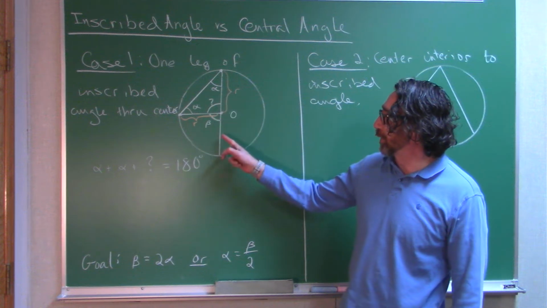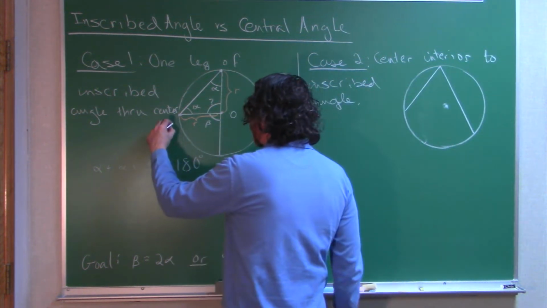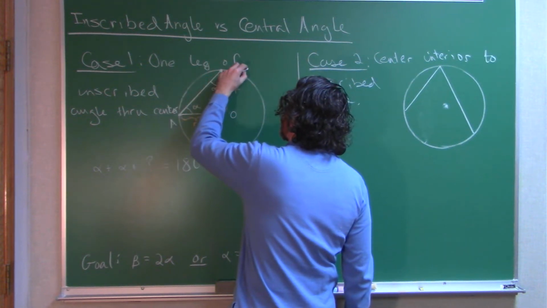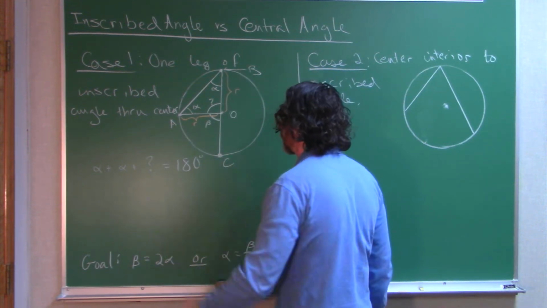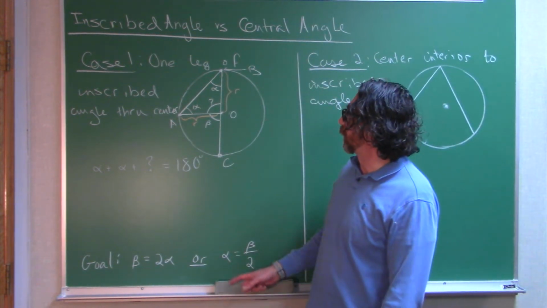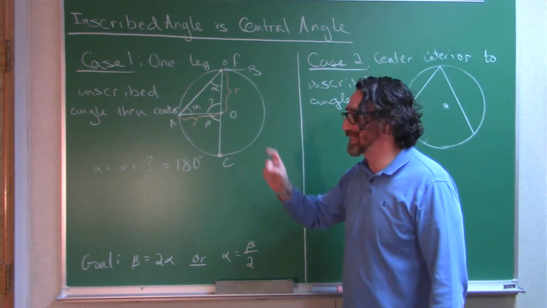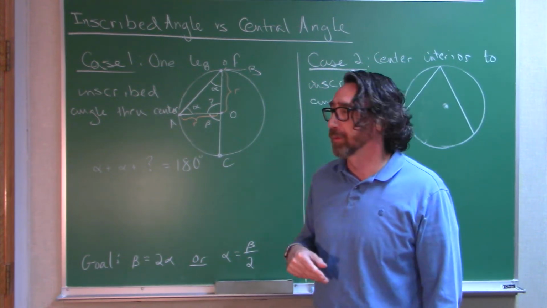And another thing we know is, well, this angle right here, let me put some points on here. We'll call that A, we'll call that point B, and we'll call that point C. Okay? So angle BOC. Angle BOC is a straight angle.